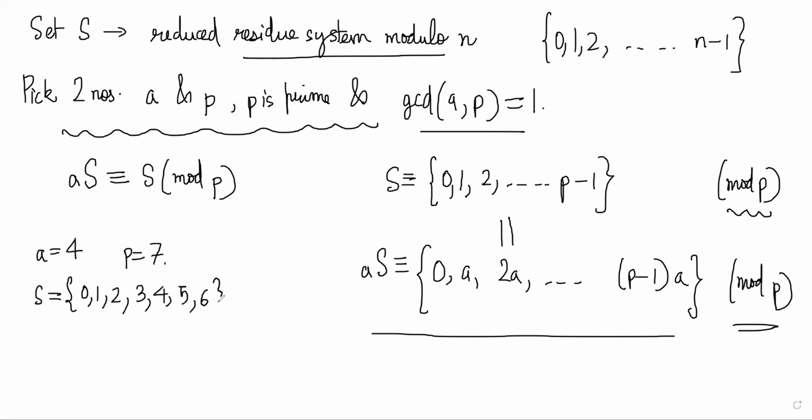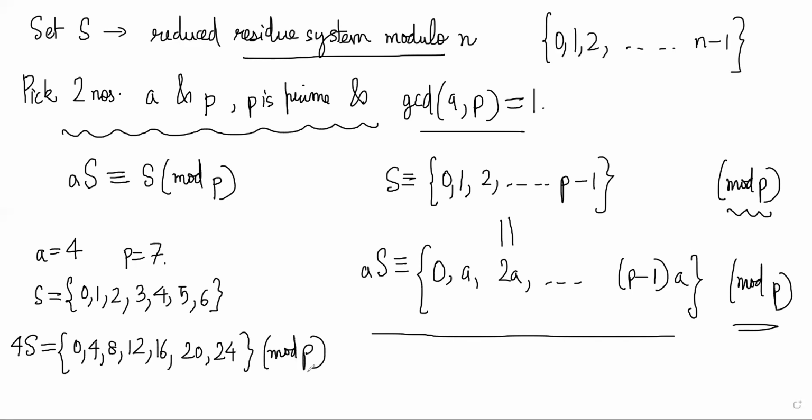And the set 4 times S is 0, 4, 8, 12, 16, 20, 24. If I do mod P here, this set will become 0, 4, 1, 5, 2, 6, 3.